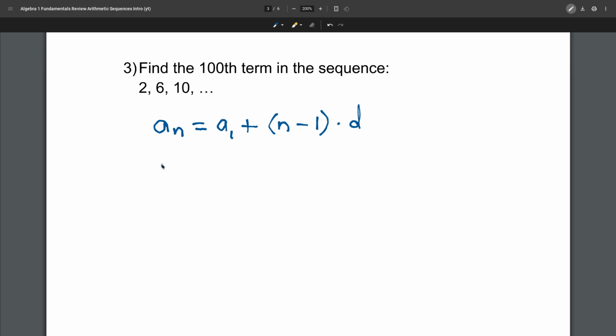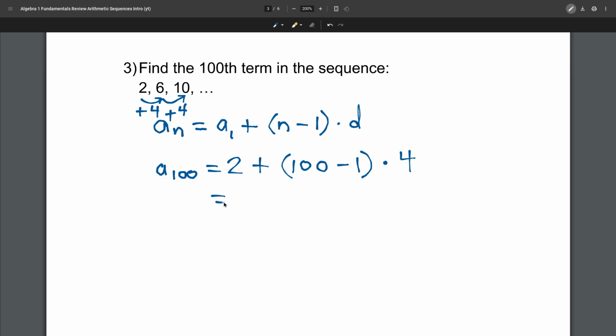So for the 100th term, we'd write a sub 100 equals the first term 2 plus 100 minus 1 times the common difference between the terms, which is 4, because we add 4 to get to the next term. So times 4.